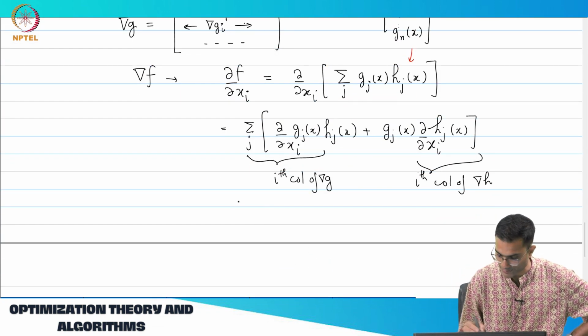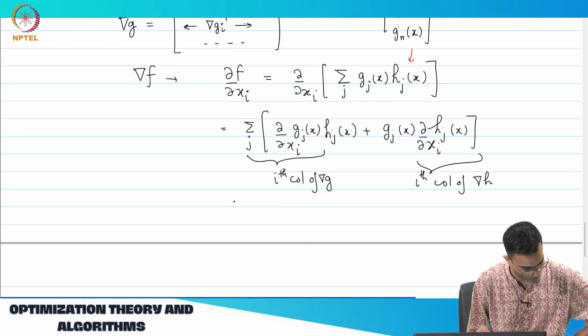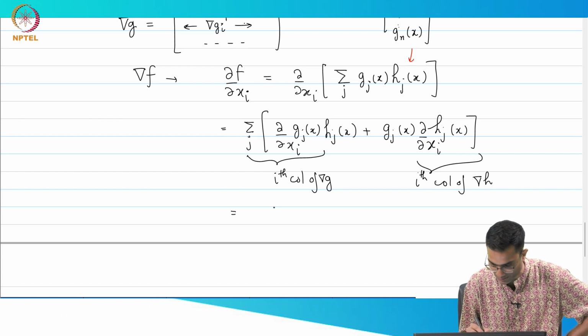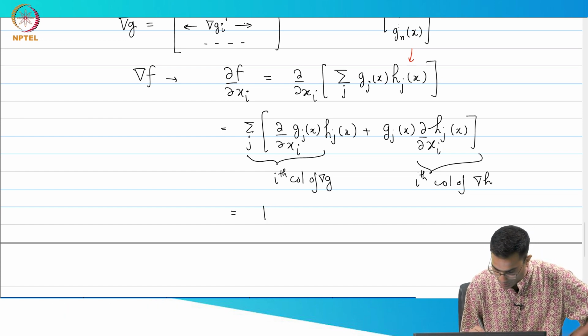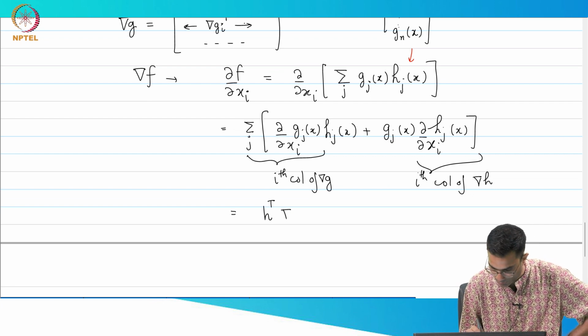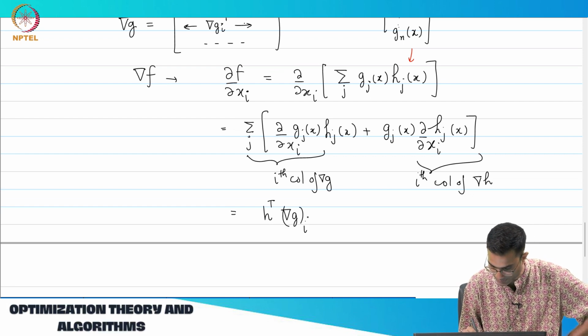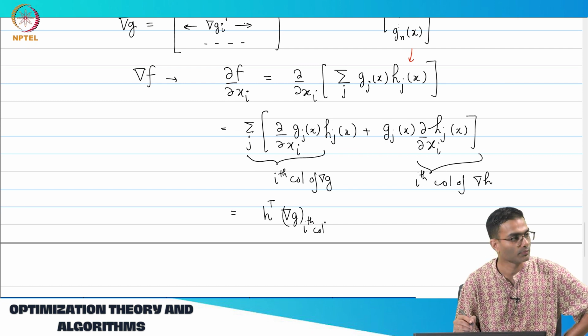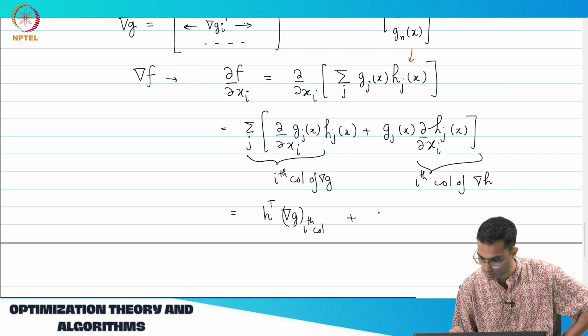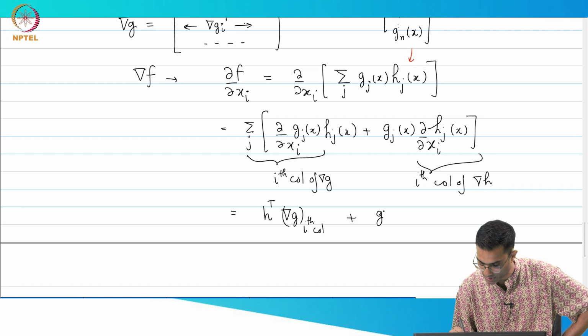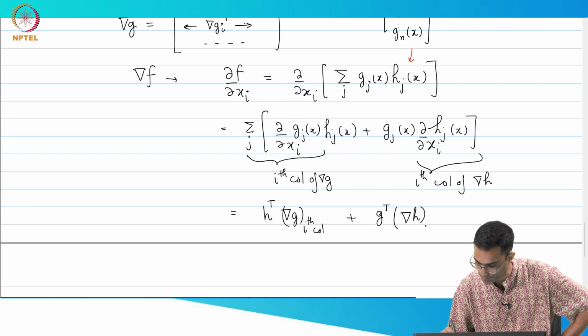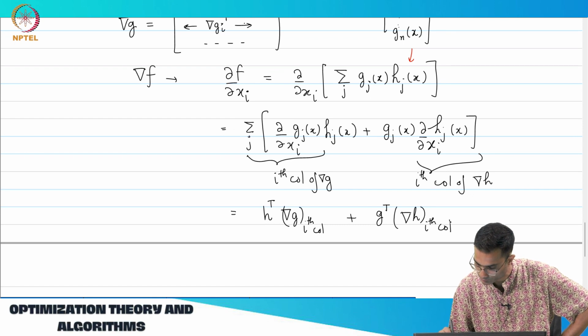Having seen this, let's write it a little bit nicely. H transpose grad G's ith column, plus G transpose grad H, which is a matrix, but I am only going to take the ith column.